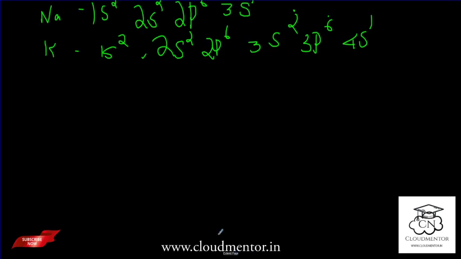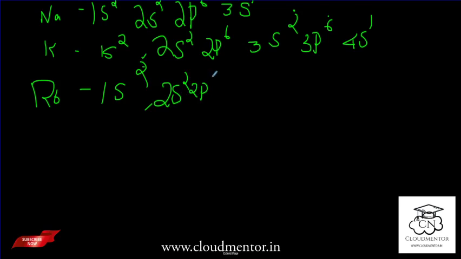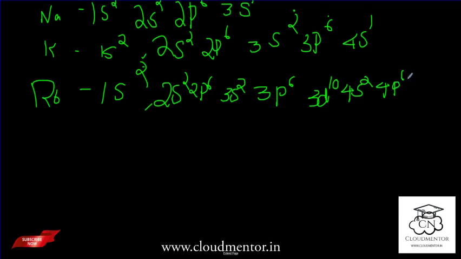And for the rest, rubidium is 1s2 2s2 2p6 3s2 3p6 3d10 4s2 4p6 and finally 5s1.